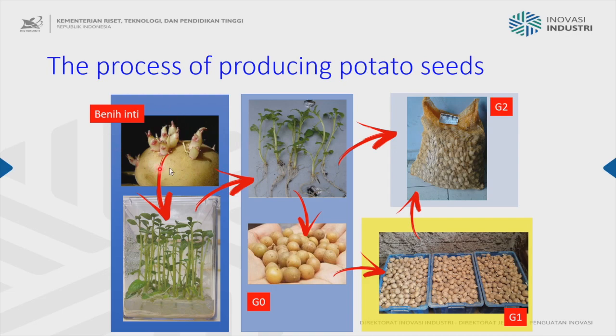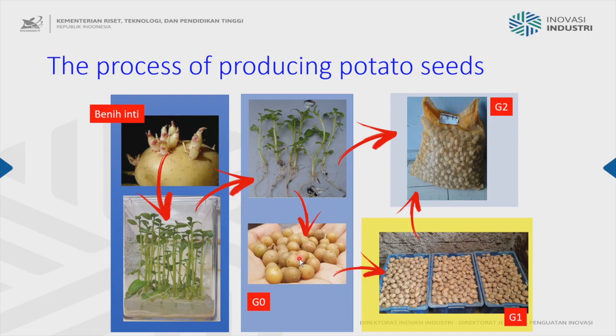So the process of producing potato seeds from this tuber, you can get the bud here, and then after that we also do acclimatization using this part, and we can get the plantlet like this. And in potato it's relatively easy because it's very easy to get a new shoot like this, with very dense nodes.